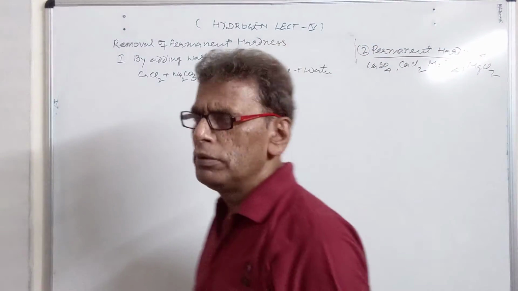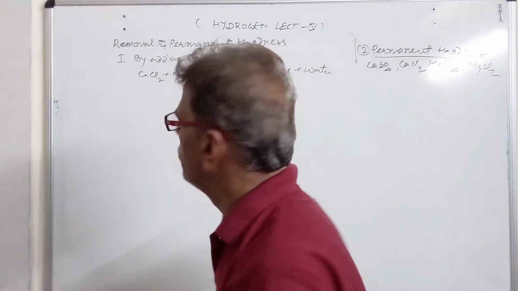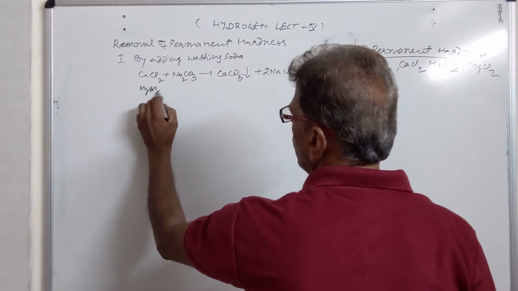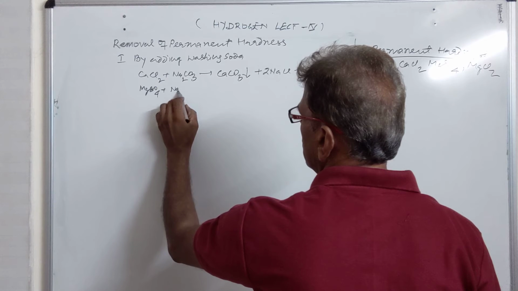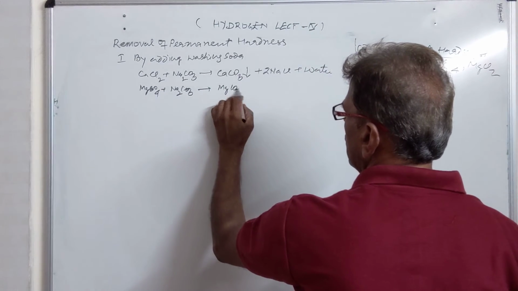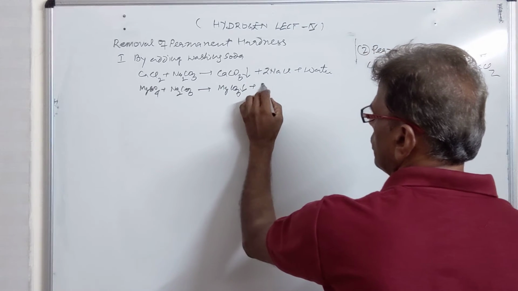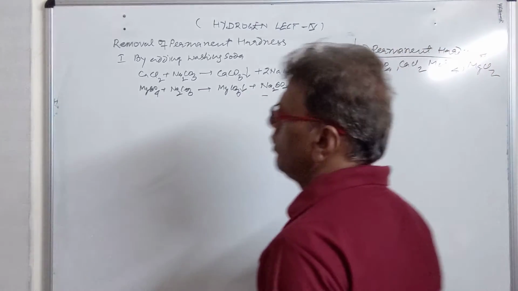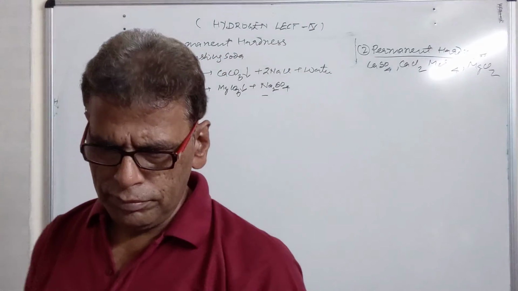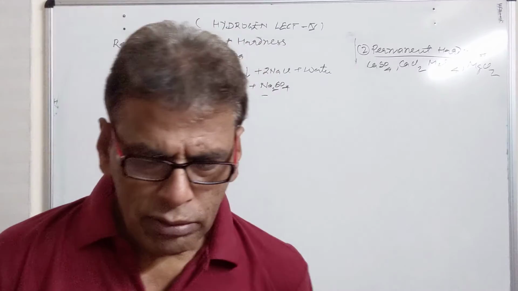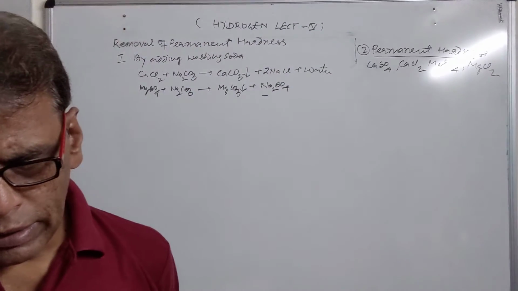So the calcium chloride and calcium sulfate, magnesium chloride, they all are removed as such. Carbonates, which are insoluble in water, are filtered out. So this is the first method, by adding washing soda to your hard water having permanent hardness.